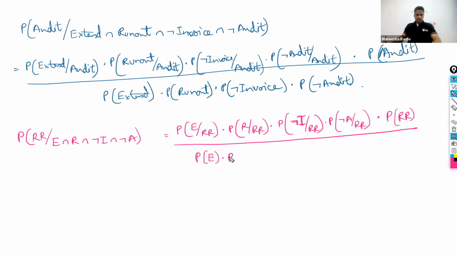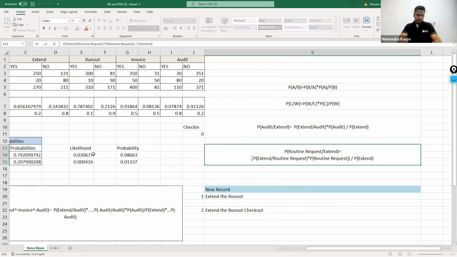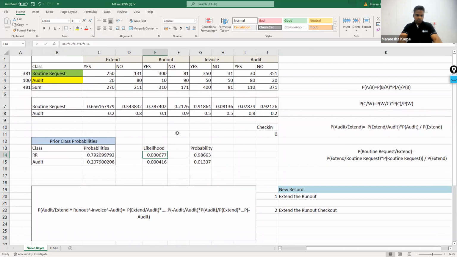Probability of extend into probability of run out into probability of not having the word invoice into probability of not having the word audit. Okay. When you use all of those values and when you calculate, what do we get?